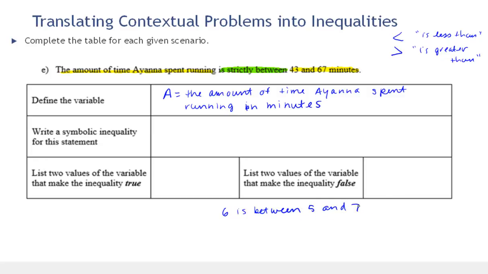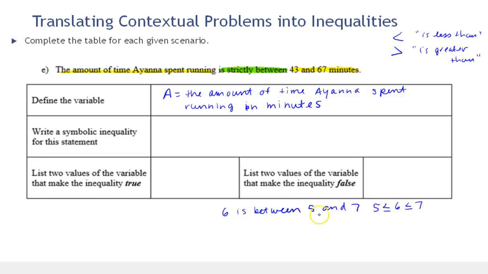Well, we're going to say that that means 5 is less than or equal to 6 is less than or equal to 7. So even though this between idea seems to mean that it doesn't include the endpoints, these two boundary values, we're going to say it does.